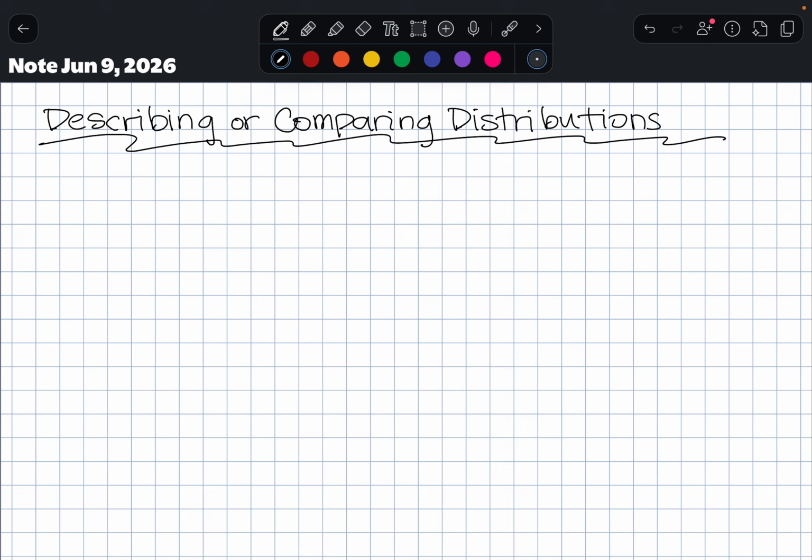In this video, we're going to be talking about how to describe a data set or distribution of data, or compare two or more data distributions.